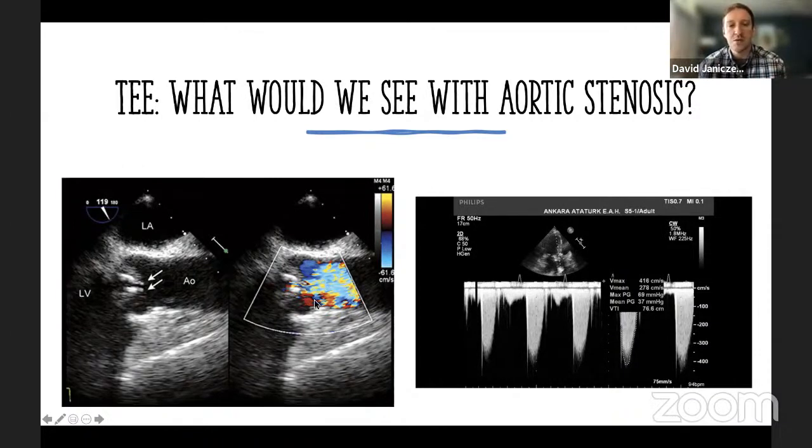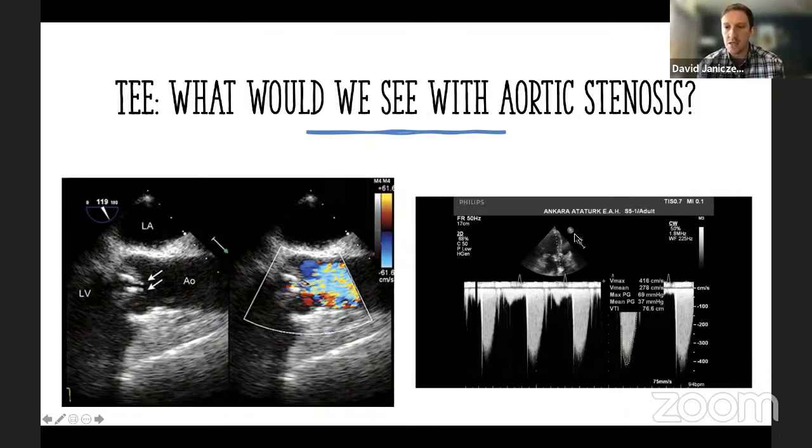Basically we would see a bunch of color. This is a bunch of turbulent flow, meaning that there's a tight orifice there that the blood is squeaking through, causing all this turbulent flow. If the valve is open to a normal degree, you wouldn't get turbulent flow like this. You would get laminar flow, and so you wouldn't get all these differences in colors. It would usually be just one color, red or blue, depending on which direction it's going. And so you wouldn't get all this turbulence.